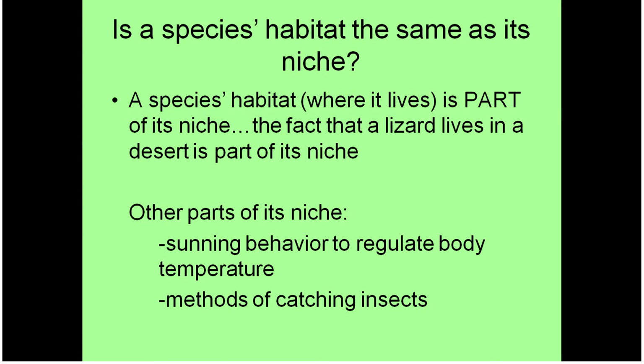For example, it needs to use the sun in order to regulate its body temperature. So that's a resource or a condition that it uses. Also, its strategy for catching insects, its food source, the insects are part of its niche. And also the behaviors that it has and uses to catch those insects, that's part of its niche as well.